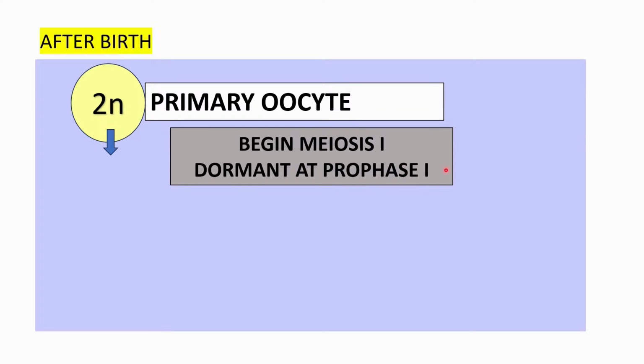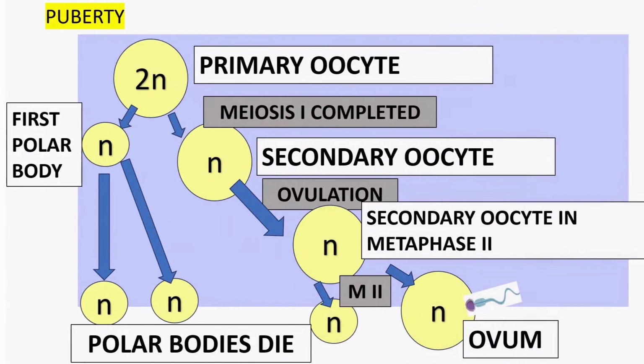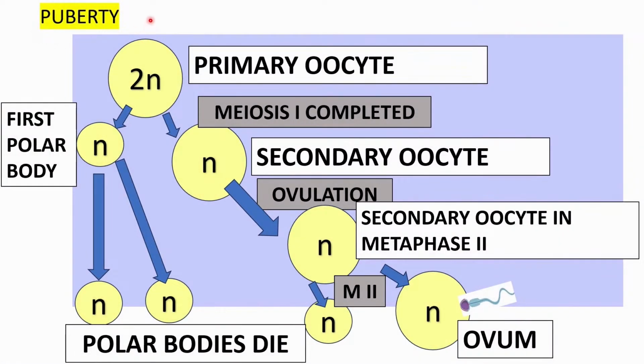Okay, next. After the female reaches puberty, the primary oocytes will reduce to around 300,000. Upon reaching puberty, prophase 1 will continue, and meiosis 1 finishes to form the secondary oocyte. Now you can see the secondary oocyte is haploid. From the primary oocyte, two haploid cells have formed.